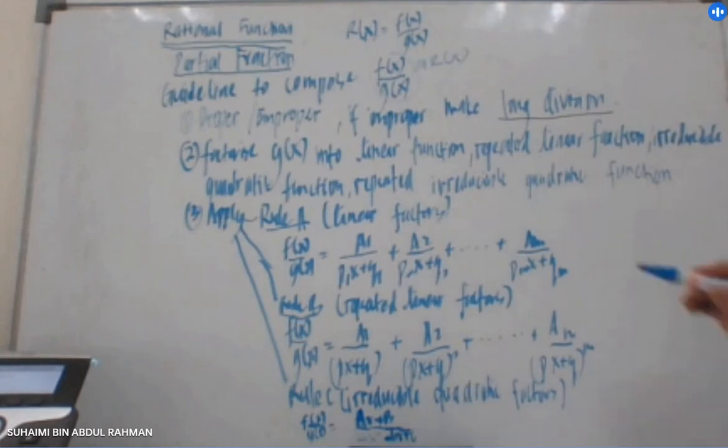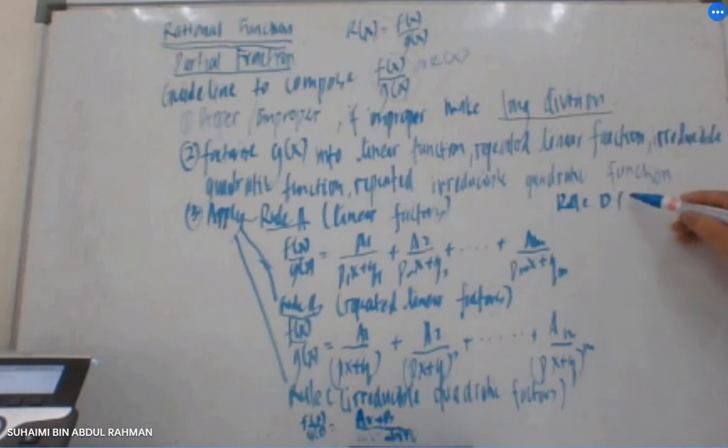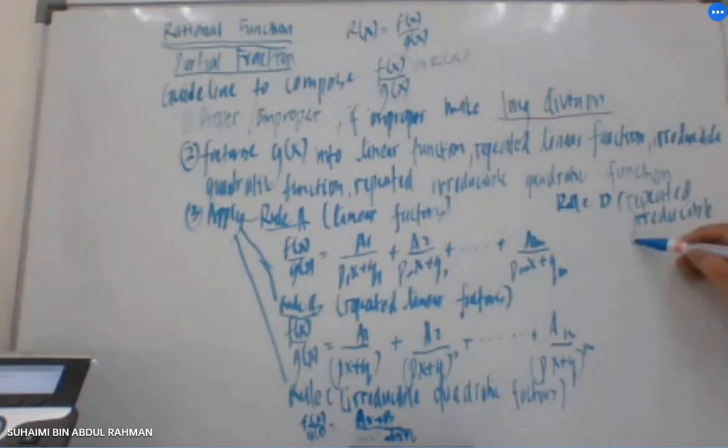And we may have rule D, only for the case of repeated irreducible quadratic factors.